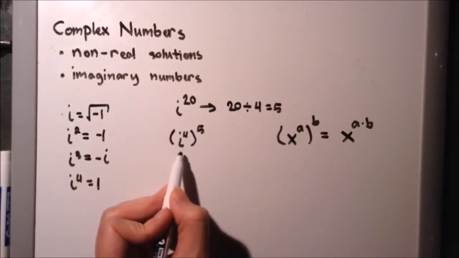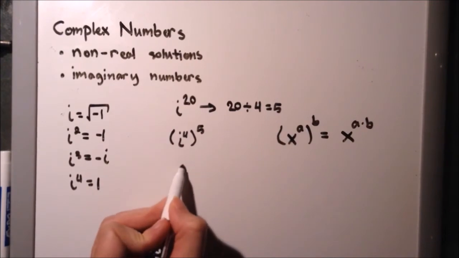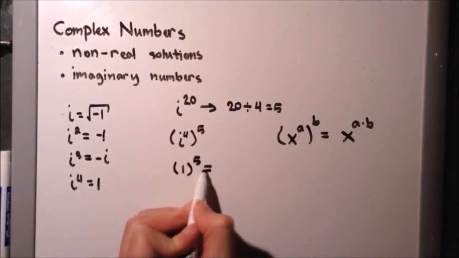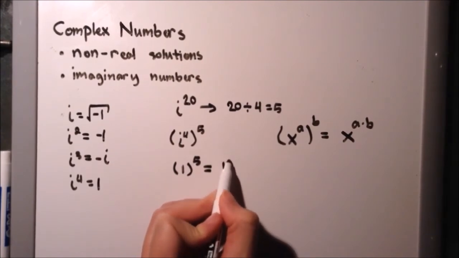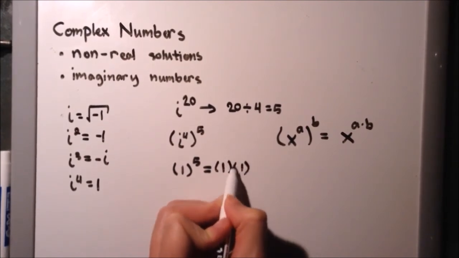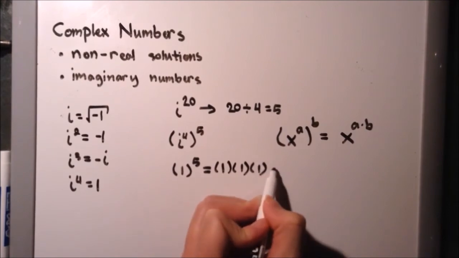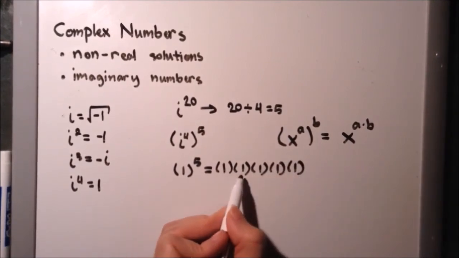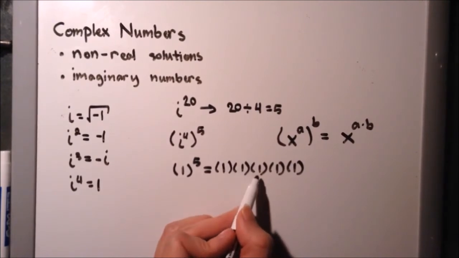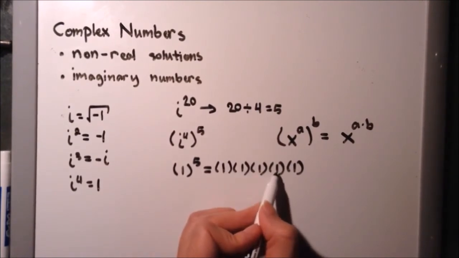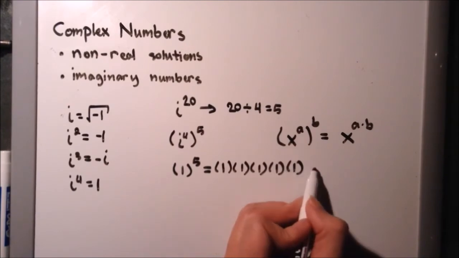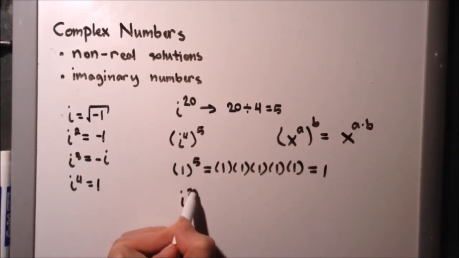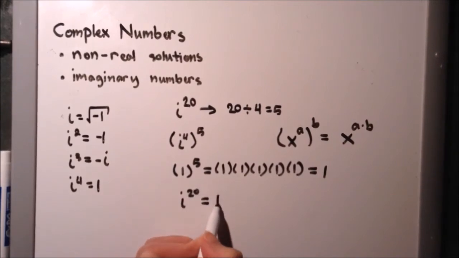All I have to do is simplify i to the 4th, which is positive 1, raised to the 5th power. So that's just 1 times 1 times 1 times 1 times 1. 1 times 1 is 1, times 1 again is positive 1, times 1 is another positive 1, times 1 again is a positive 1, so it's just 1. So i to the 20th power is positive 1.